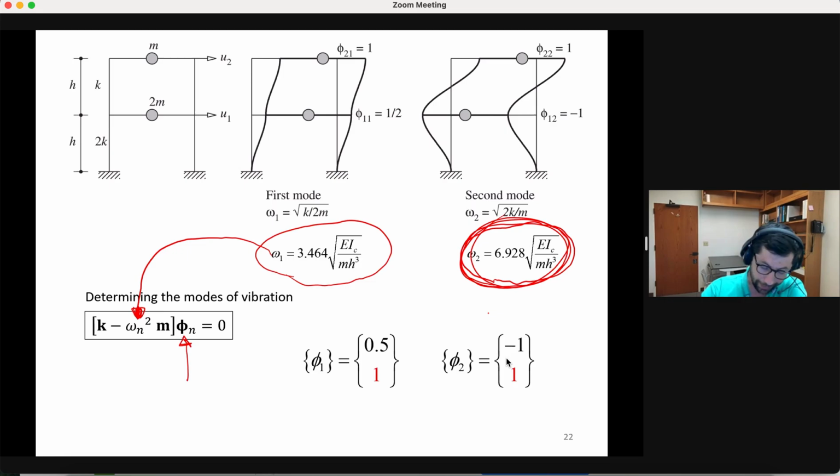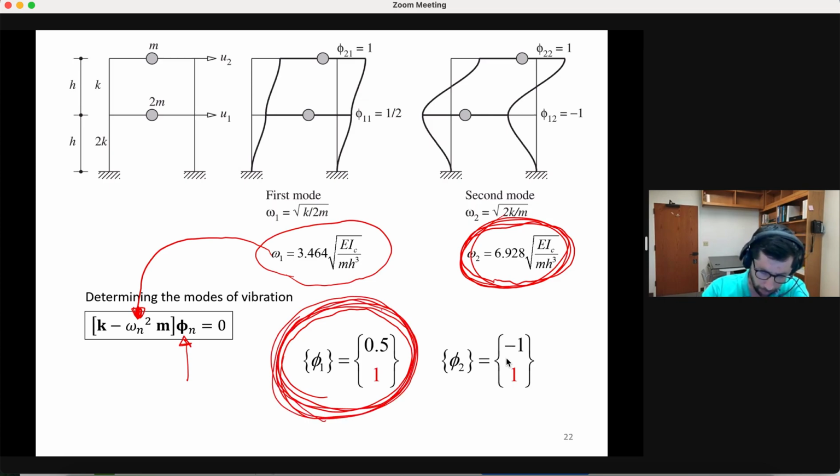Because we understand that this is only a mode shape, meaning it's a shape of the deformation, the actual values in this vector are not important. What's important is the proportion between these two values, because this is only a shape in which the deformation according to mode 1 is happening. Because this is the case, when solving this problem, I can set the displacement of the roof to 1 for both modes.